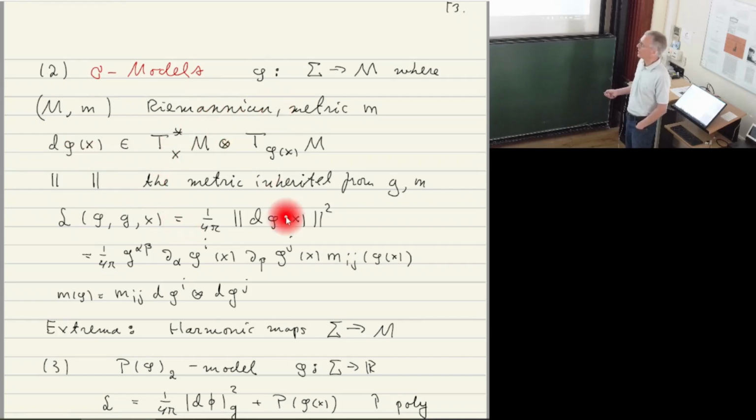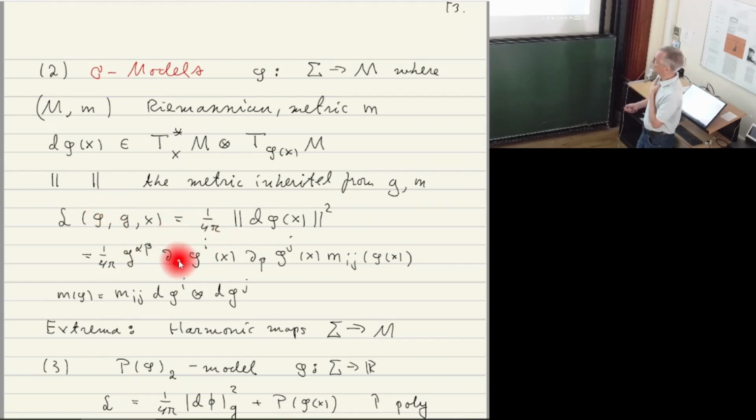If you write it concretely in terms of this metric, you choose some coordinates on this target manifold, call them phi i and phi j. So this is a Riemannian manifold, some n-dimensional space, n finite, and the coordinates locally are phi i, so i in R^n, and then the action functional looks like this.